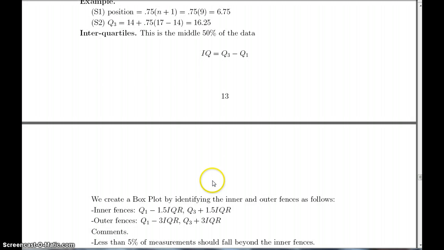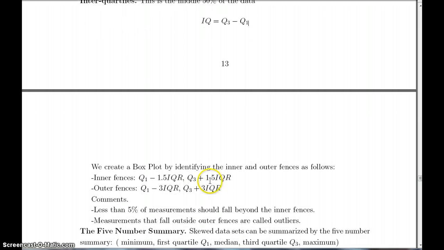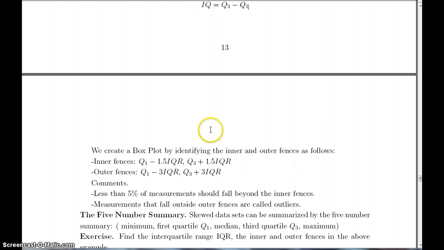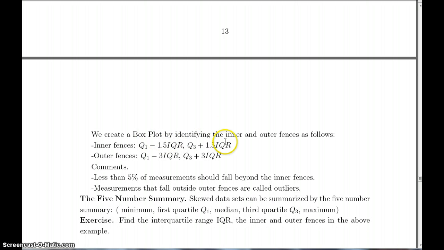Sometimes we use quartiles to create a box plot by identifying the inner and outer fences as follows. The inner fences are Q1 minus 1.5 IQR, and Q3 plus 1.5 IQR.